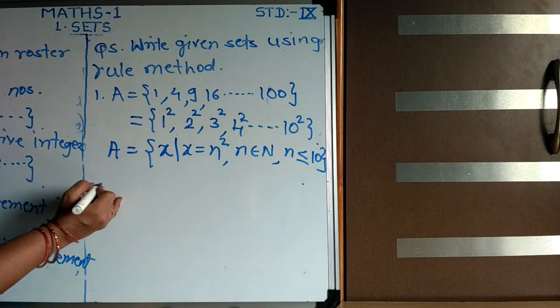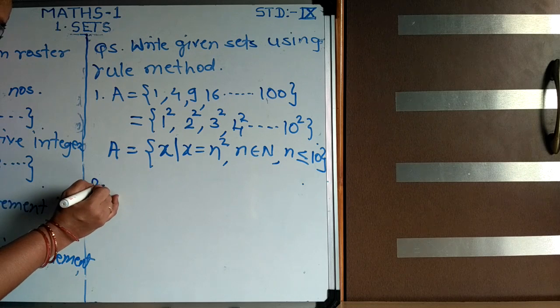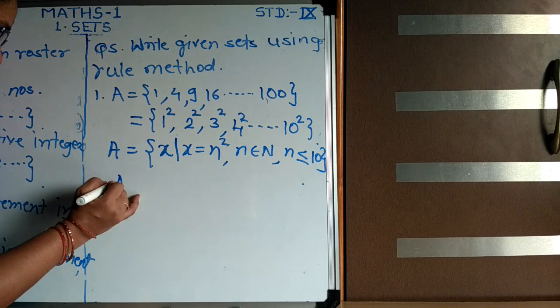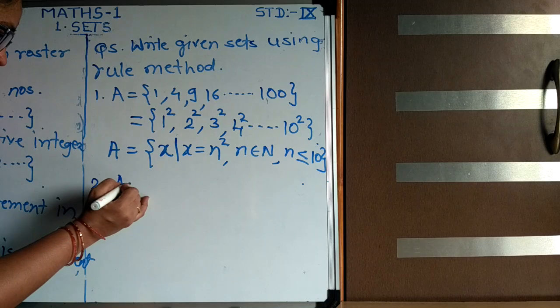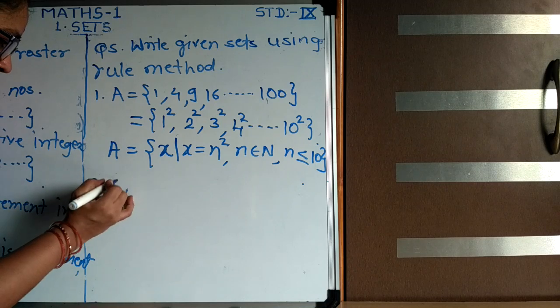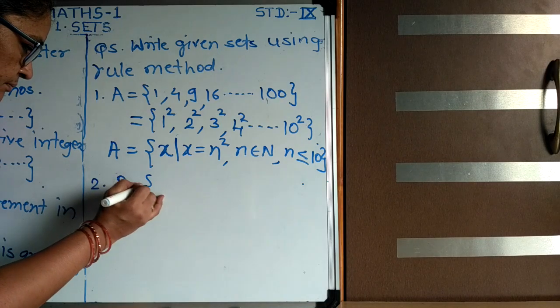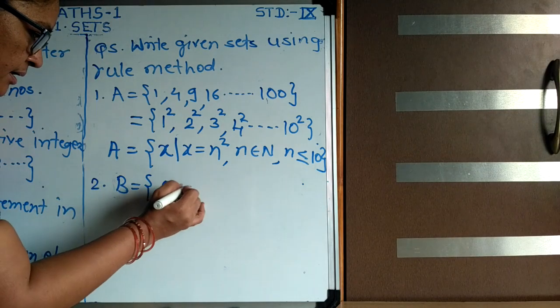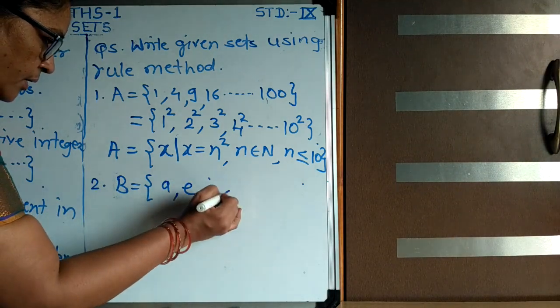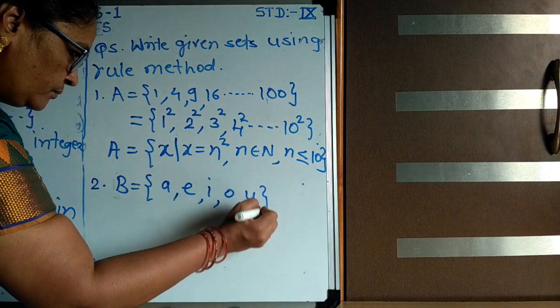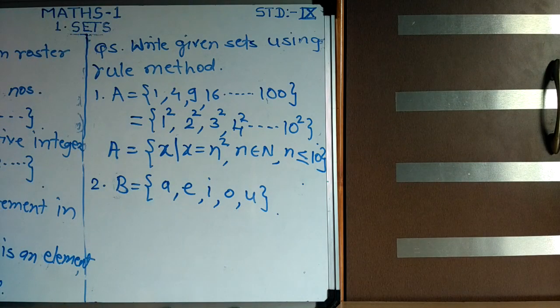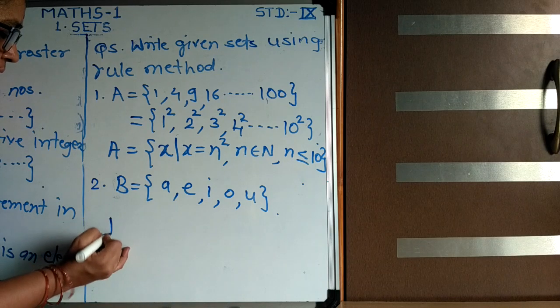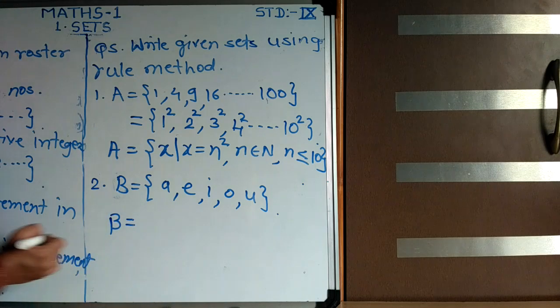Second example, B is equal to a, e, i, o, u. Which type of letters are these? Can anyone tell? These are the vowels.